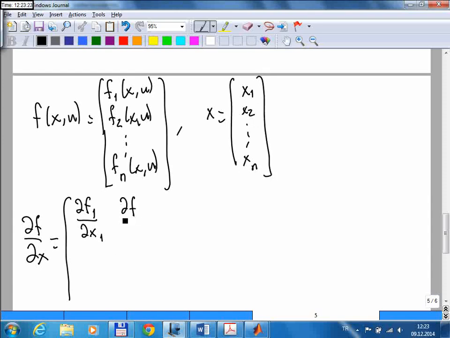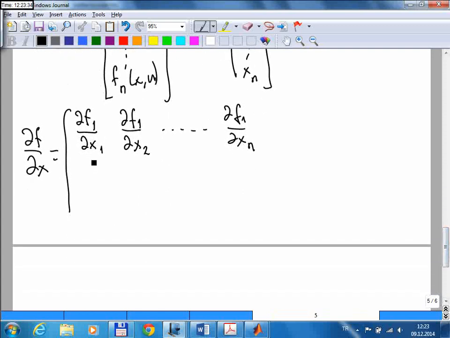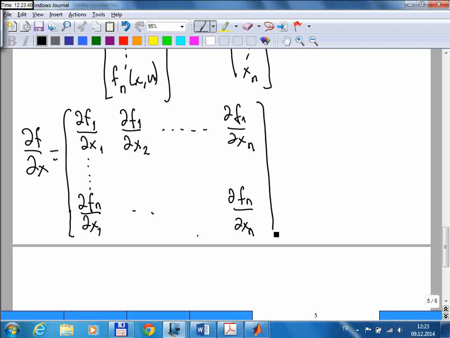Then you differentiate that first function with respect to the second state variable, and you do this for all the state variables for the first function. You repeat this for the second function, and then for all the functions up to the last one, fn with respect to x1. And you evaluate everything at the base point x0 and u0.